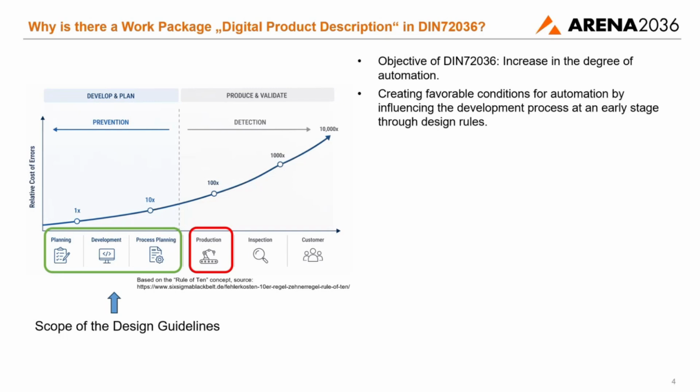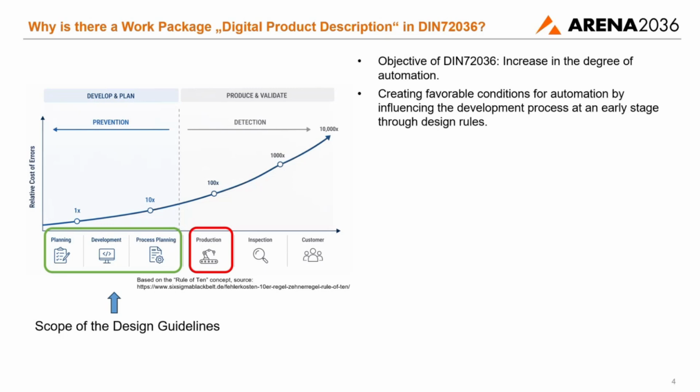And so the intent is to impact the design very early, to design a product which is favorable for automation, to have less cost in the later process with getting the product ready for automation.